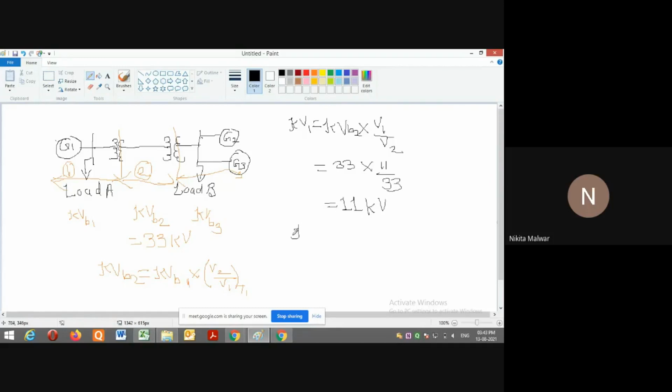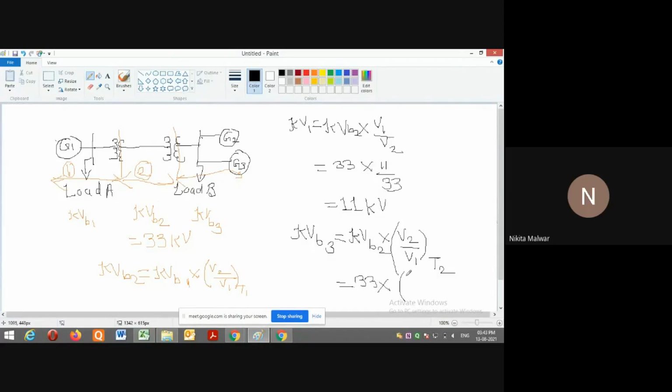Now finding out kV base 3, your kV base 3 formula is previous section of kV base, that is kV base 2, multiplied by voltage ratio of section 3. So voltage ratio is of transformer 2. So this kV base 2 value is again 33 multiplied by, what is the value for V2 of T2?